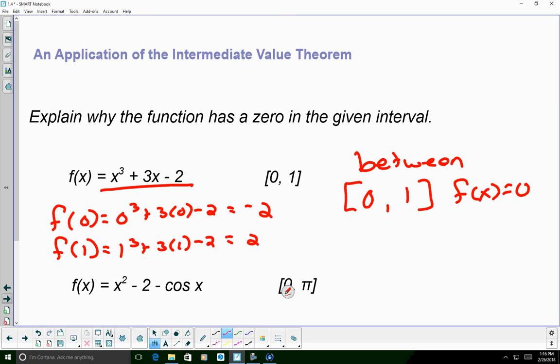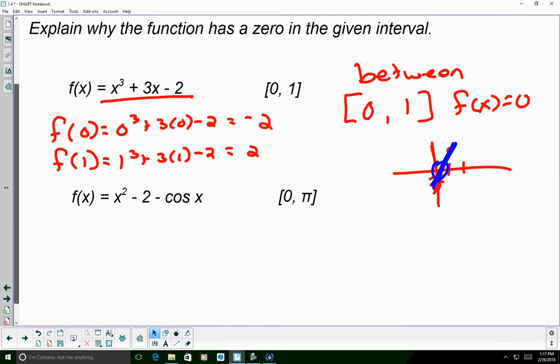Because at 0, I was at -2. At 1, I was at +2. Graphically, at 0, I'm at -2. At 1, I'm at 2. So if this is a continuous curve, somewhere along here, I have to cross the x-axis.